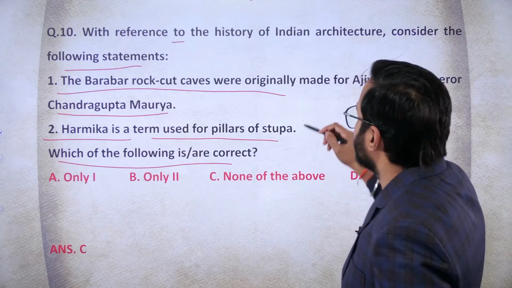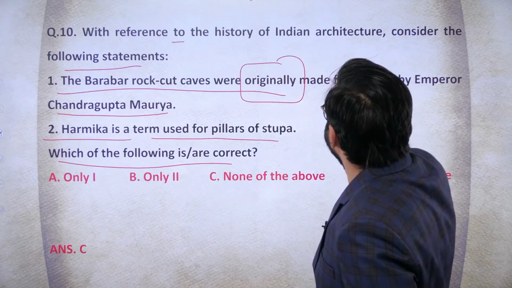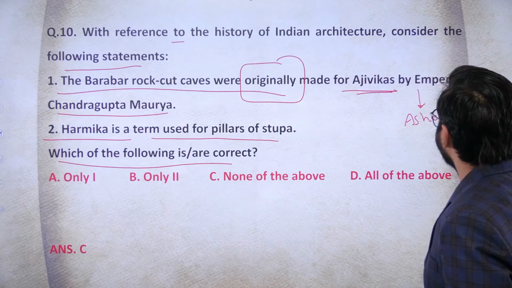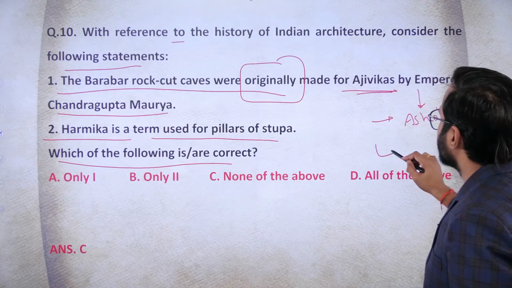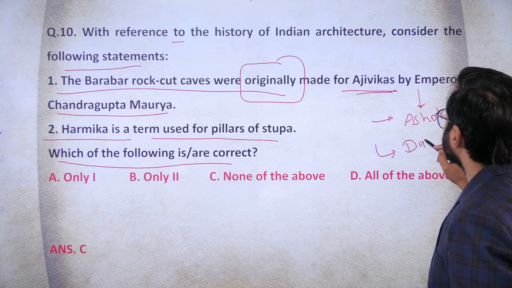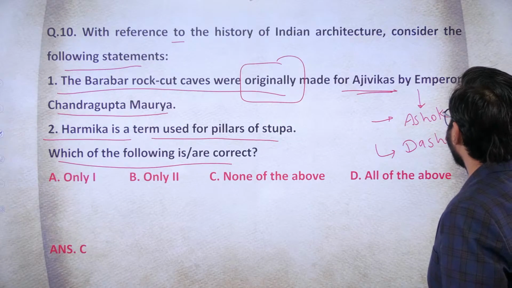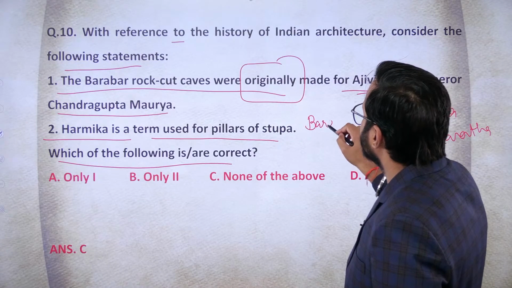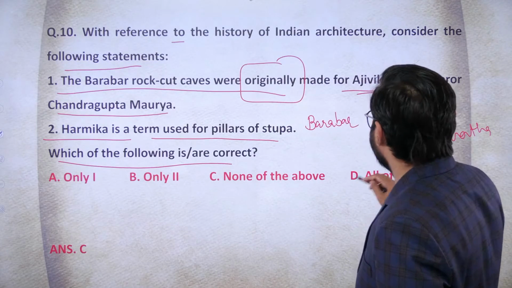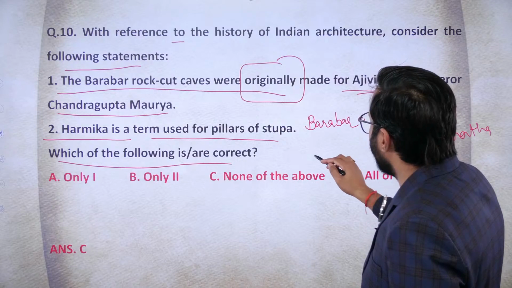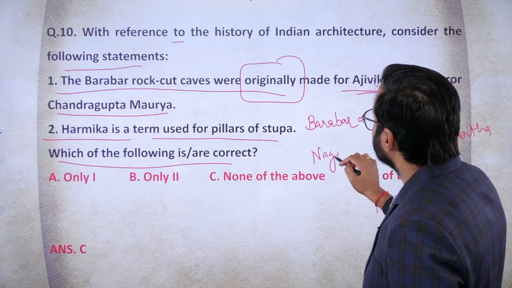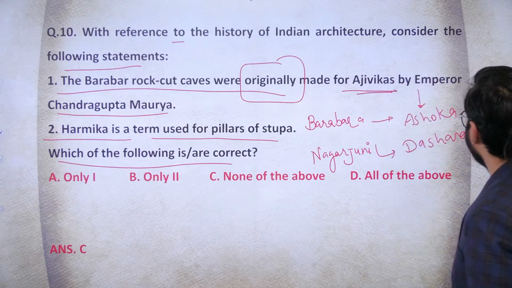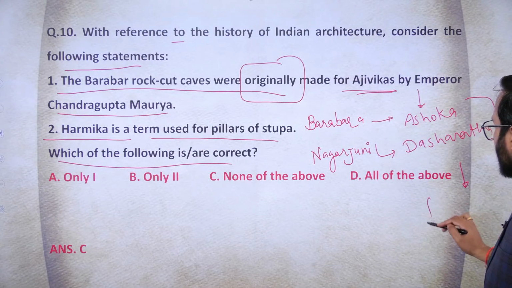The answer is okay here. Basically, Emperor Ashoka and Dasharatha. Remember everyone, Ashoka at Barabar, and Dasharatha at Nagarjuni. They both constructed the caves for the Ajivikas.